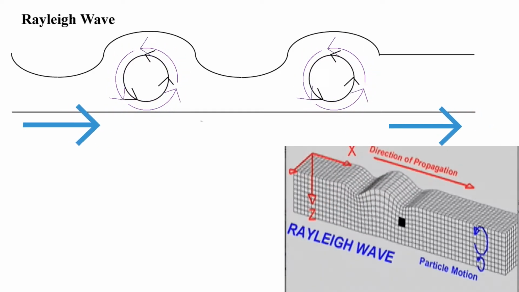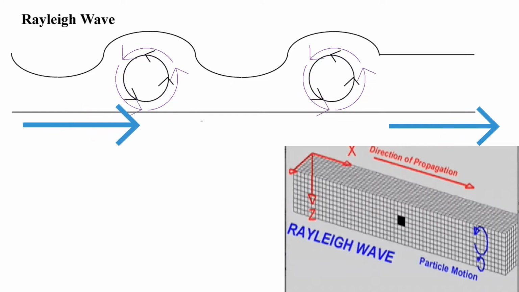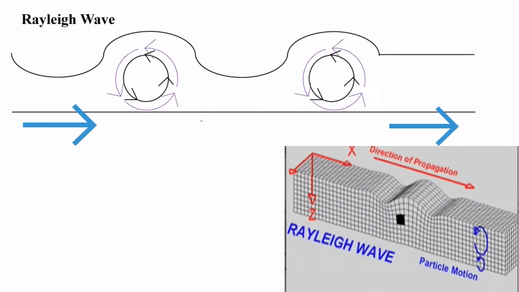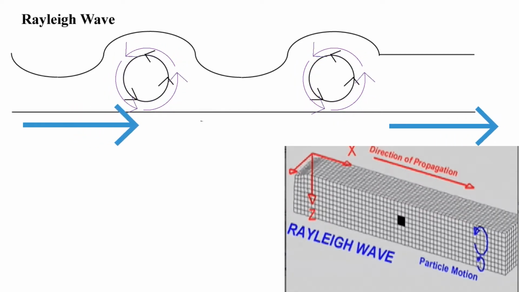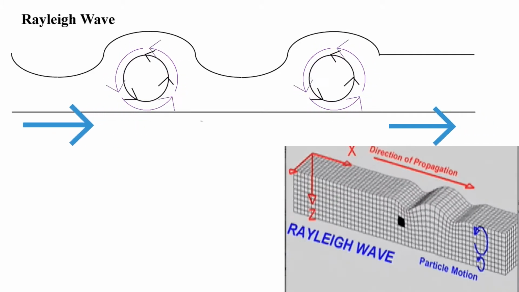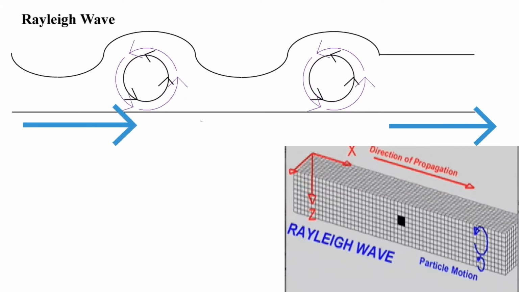Rayleigh waves are descriptively called ground roll in exploration seismology. They spread through the ground as ripples similar to rolling waves on the ocean.